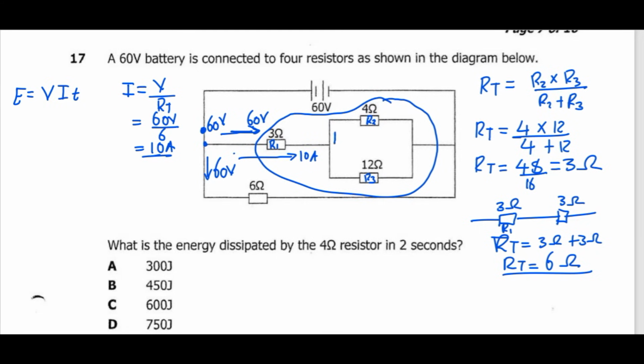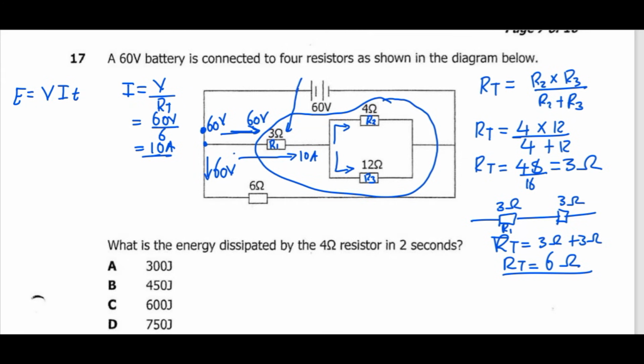Now we don't know how much of that went in this direction, also how much of that went in that direction, because we know that whenever we have a connection in parallel, current divides. Now, since we have the current, let's find how much voltage was used by these 3 ohms.